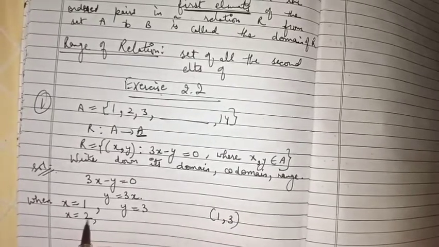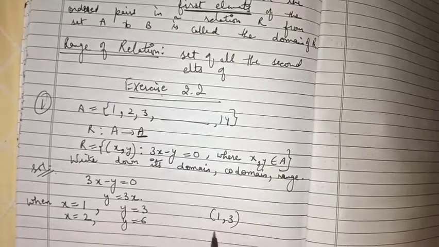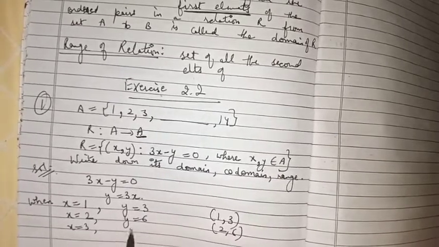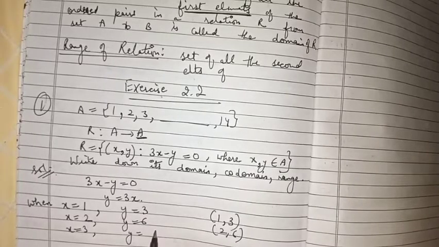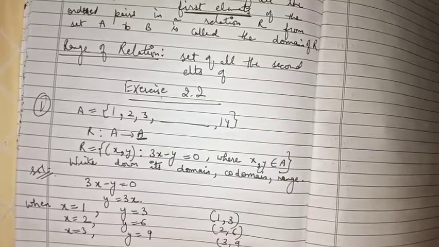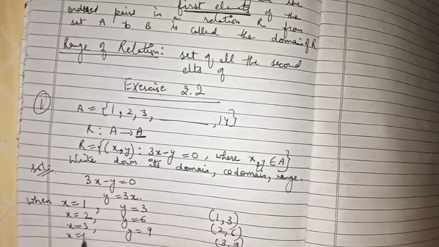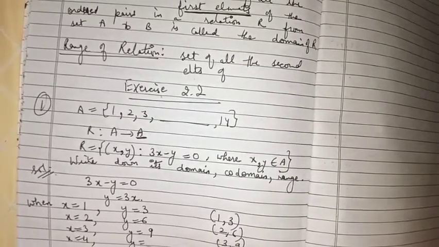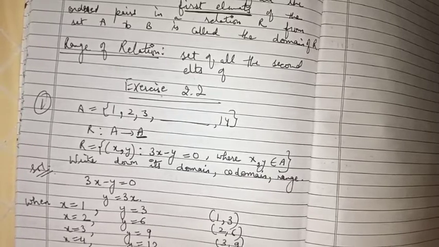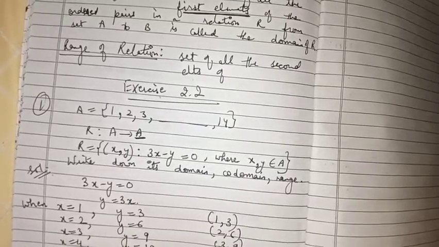When x is 2, y is 6, so this is also a pair. When x is 3, y is 9, so (3, 9) is the third pair. When x is 4, y is 3 into 4, 12, so (4, 12).